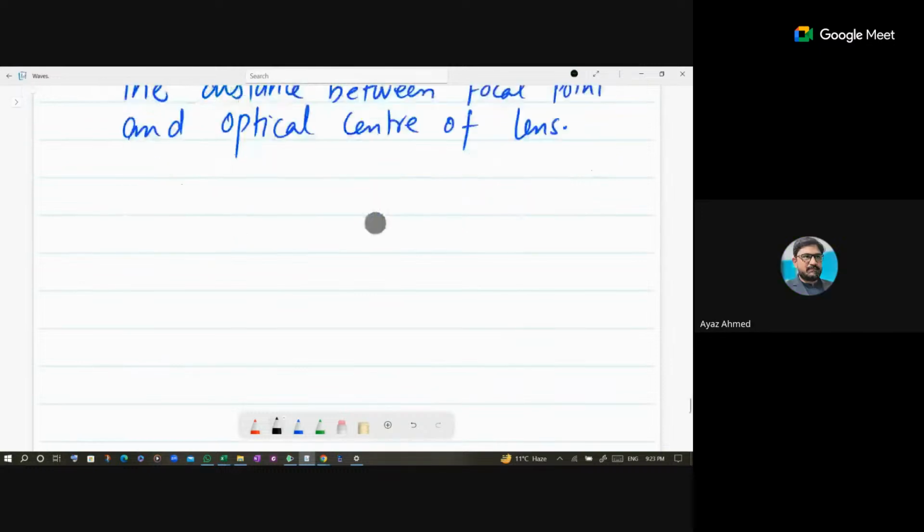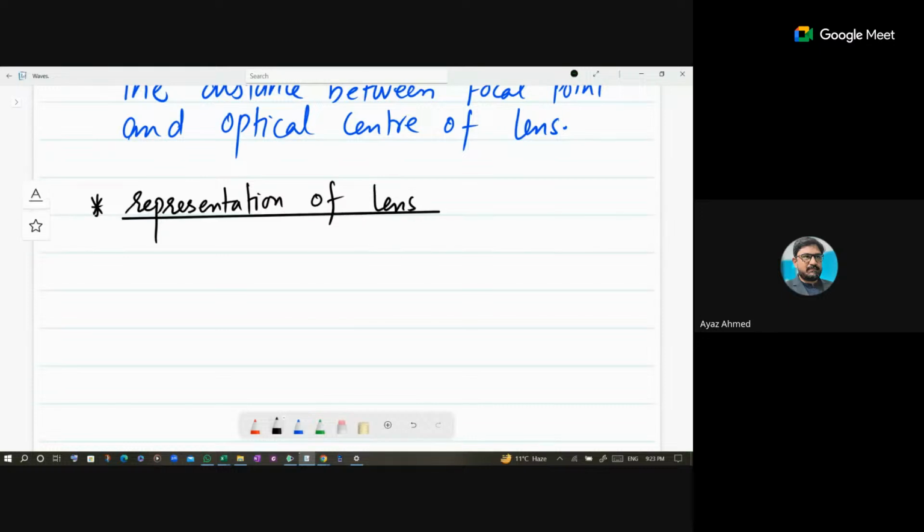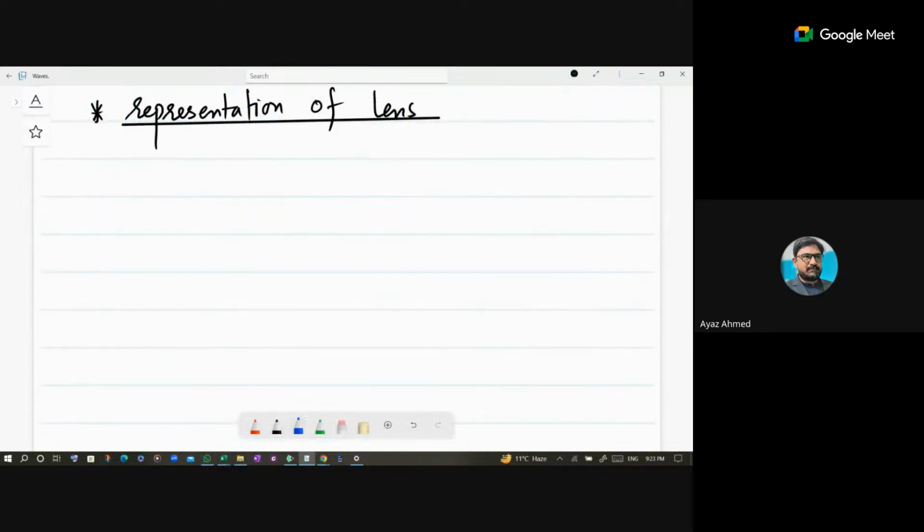Yes. Okay, so when we represent the lens, representation of a lens is just with the help of a straight line along the y-axis. Usually, a lens is drawn properly as a curved lens, but sometimes it seems difficult and we cannot draw it properly. That's why we just draw a straight vertical line. So that is your lens. This is called the principal axis.